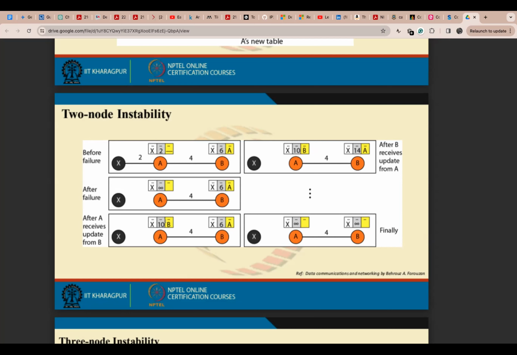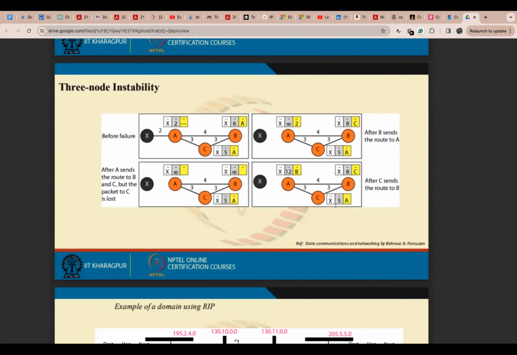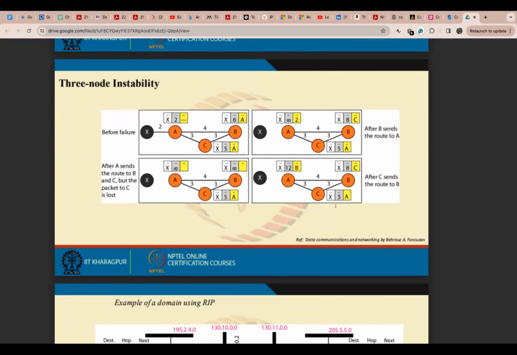Then from myself to X it will be 6 plus 4, 10. Similarly, B will update to 14 and so on. Finally, it will be infinite, which should have been figured out initially.